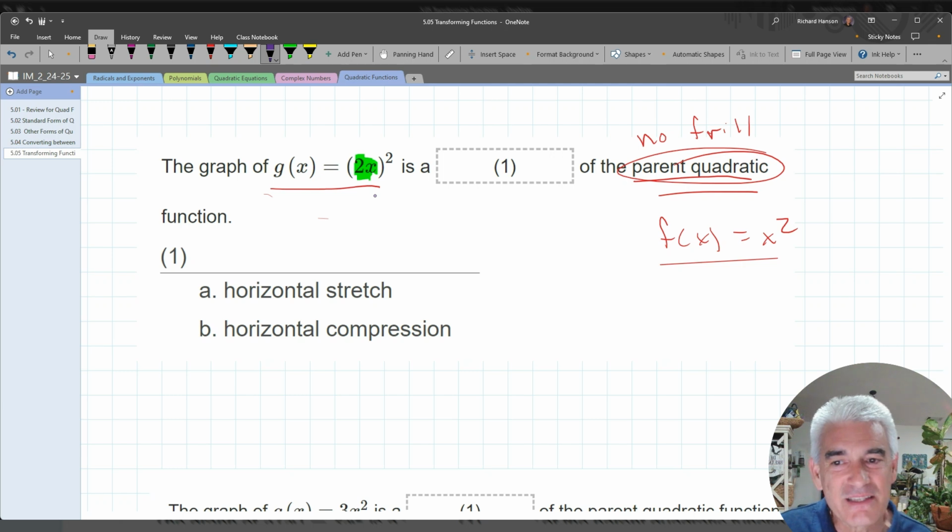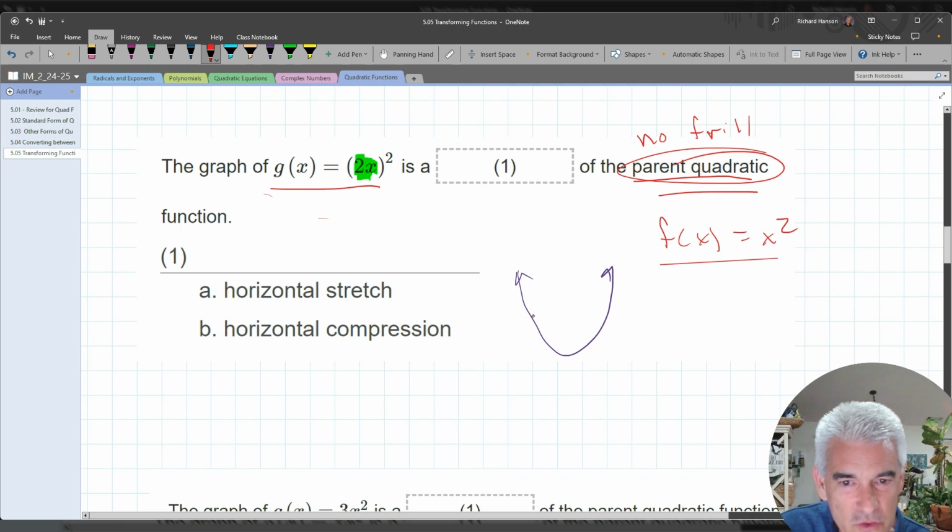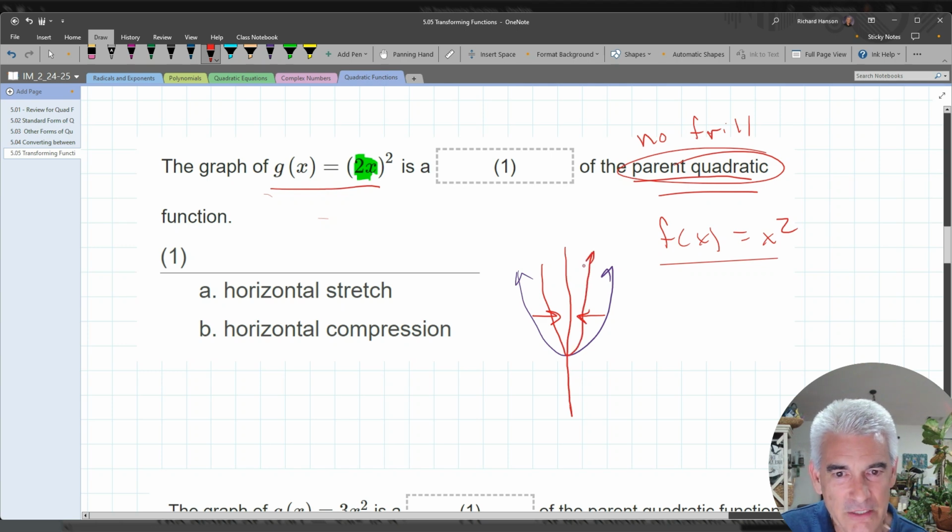What that does is it forces all of my x's to be twice as close to the y-axis. Everything is compressed. So it actually looks like this graph here, the red graph.